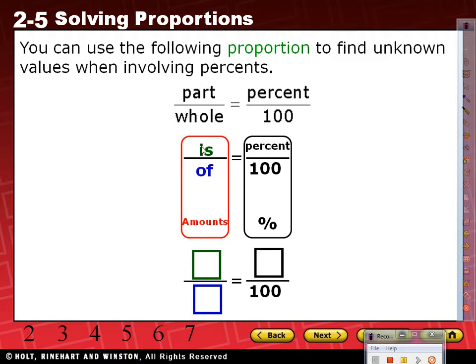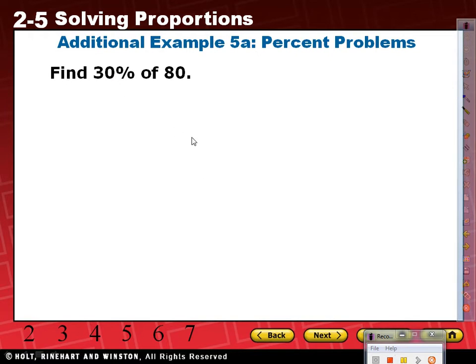So here we go. We're going to look for wherever it says is, down here wherever we see where it says of, and right here whatever the percent is. Are we there? So check this out. Copy this one, please. Find 30% of 80.